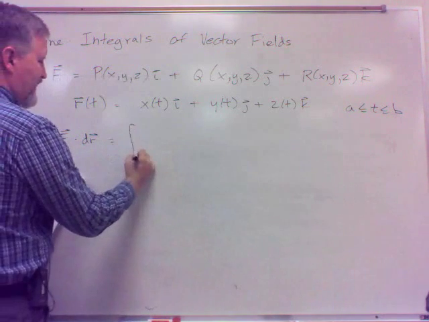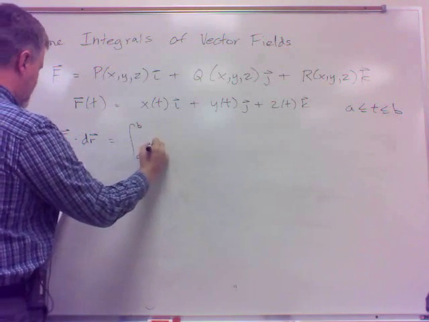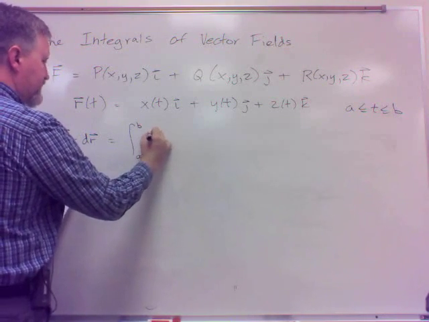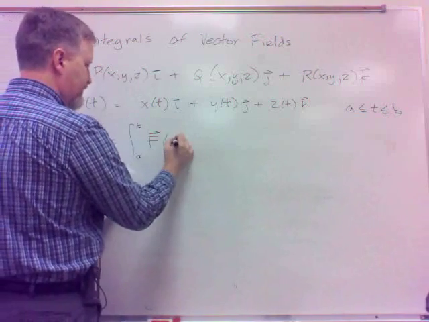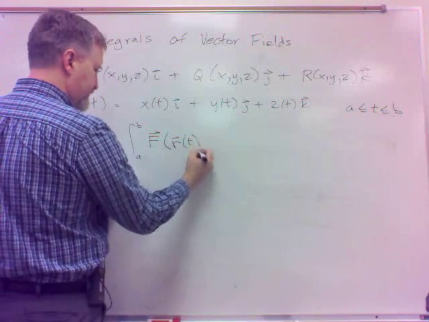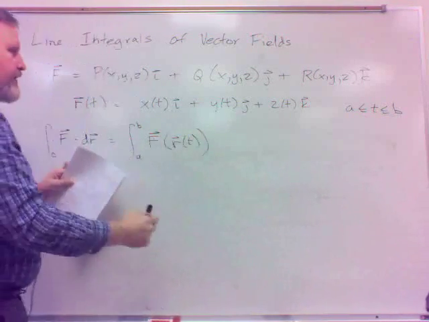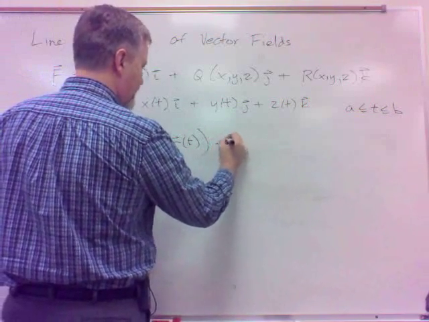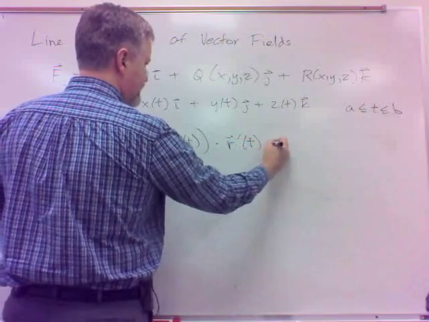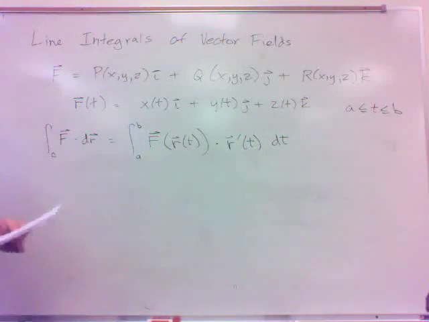Anyway, it turns out you do a to b. Then you take the vector field evaluated at your curve r(t), dotted with r prime of t dt.